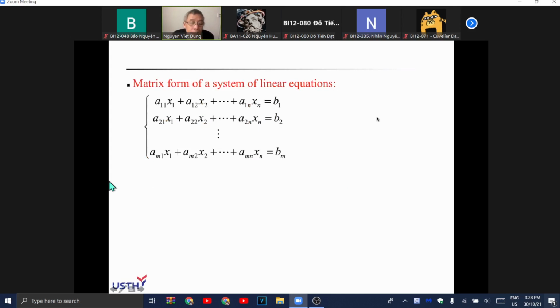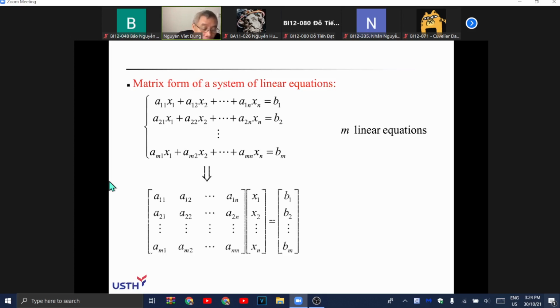Now I come back to the matrix form of a system of linear equations. Given a system of linear equations, it is written like that. It consists of m linear equations in n variables, n unknowns x1, x2, up to xn. But we try to write it in matrix form. It will be something like that, like down here.